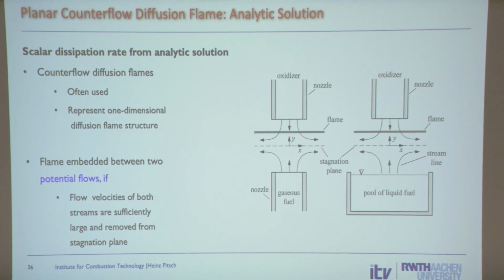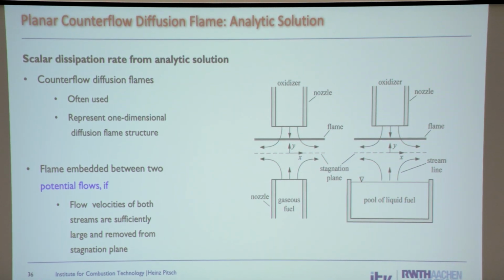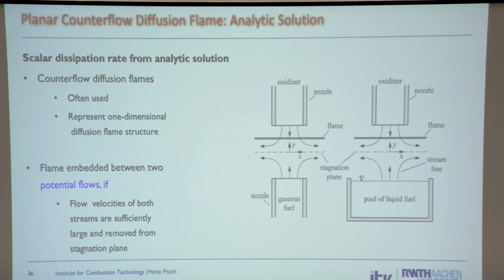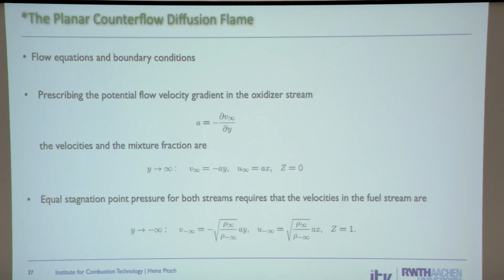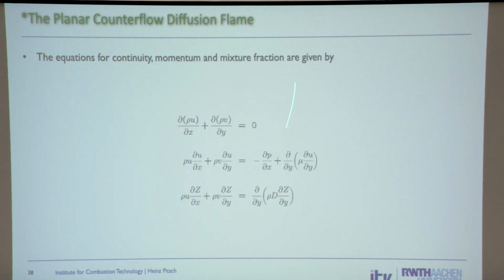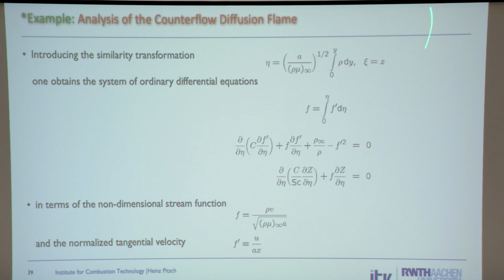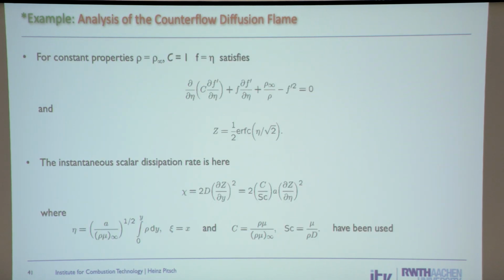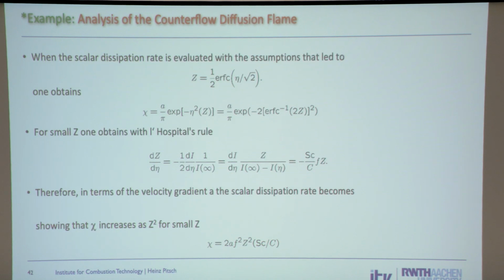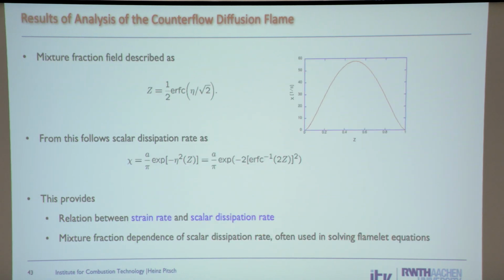So that's just this, and what's interesting is we don't know what the scalar dissipation rate is, but luckily, one can also find an analytic solution to the equations that describe this counterflow diffusion flame. That is shown here. These are the equations. Now this is a similarity solution, a similarity coordinate is introduced, some assumptions are made, and you can come up with an analytic solution.